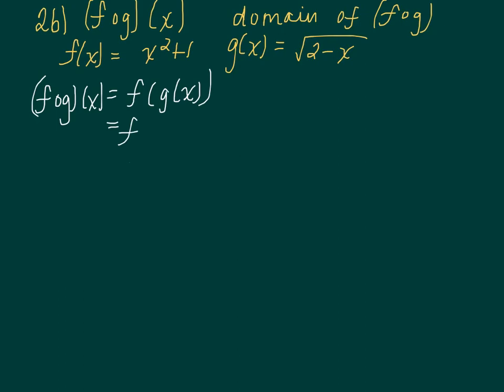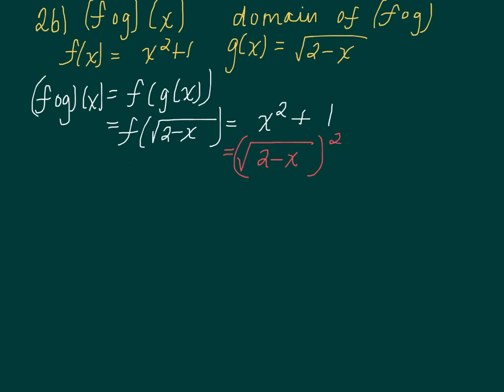Okay, so g of x is the square root of 2 minus x. So what that means is in my function f, everywhere I see an x, I'm going to plug in the square root of 2 minus x. So that's squared plus 1. Well, when you square a square root, it goes away.